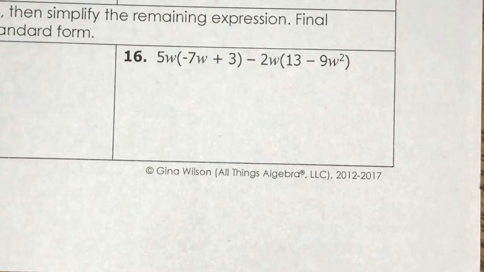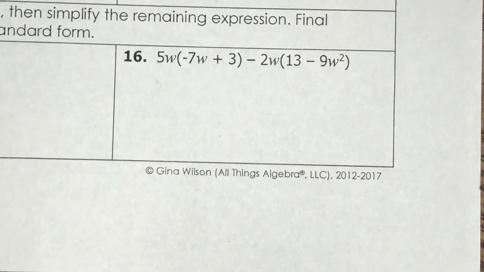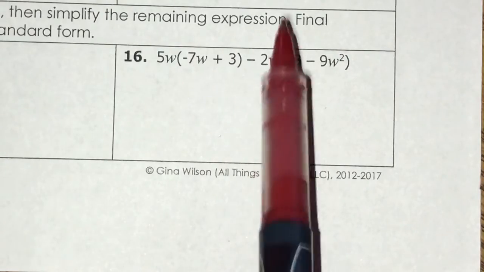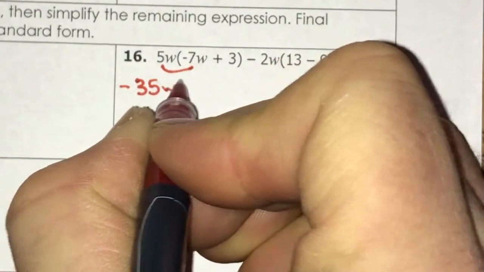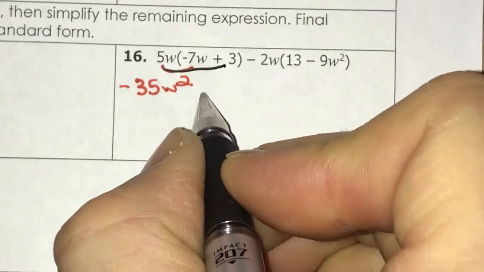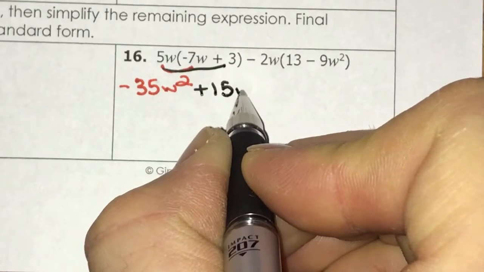Okay, so now, look, you have a few things going on here. Before I do this subtraction in the middle, I want to do my distribution. Okay, so I'm going to take 5w, that's negative 35w squared. 5w times 3 is 15w. Now, here's a really important point.